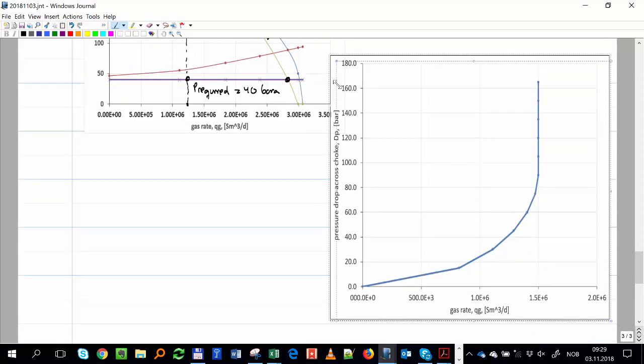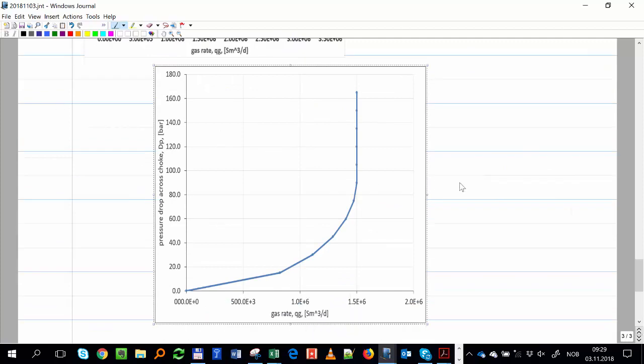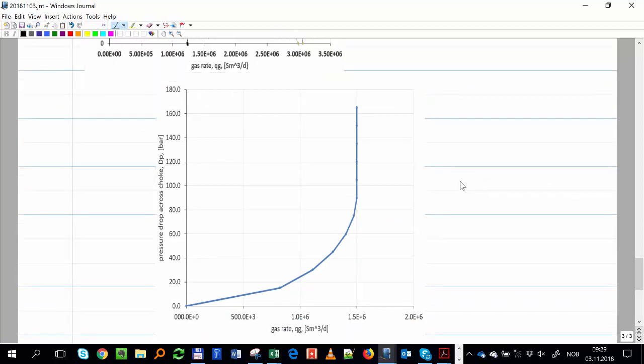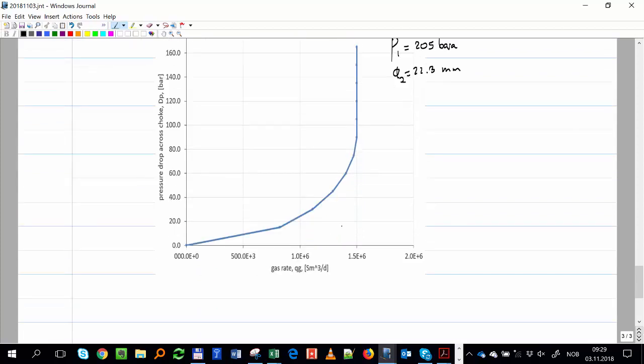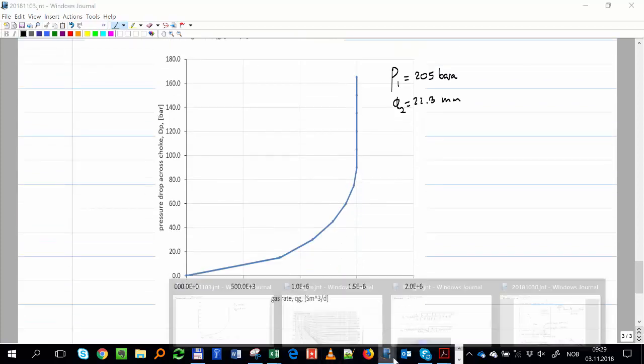Okay, that's a curve for P1 of 205 bar for an orifice of 22.3 millimeters. And what else? Nothing else, right? I think.